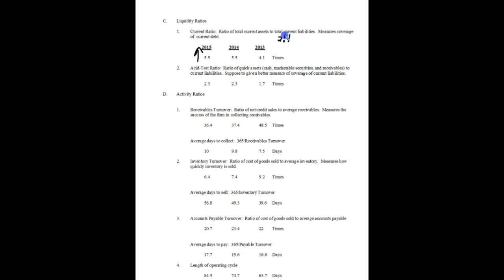So 2-to-1. In this case, it's way above that. Instead of 2-to-1, we have like 5.5 to 1, 5.5 to 1, 4.1 to 1. So in 2015, for every dollar of current liability, there's $5.50 of current assets.